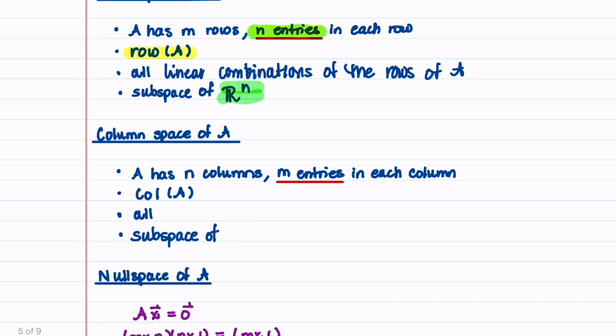Let's now look at the column space of A. A has n columns and m entries.